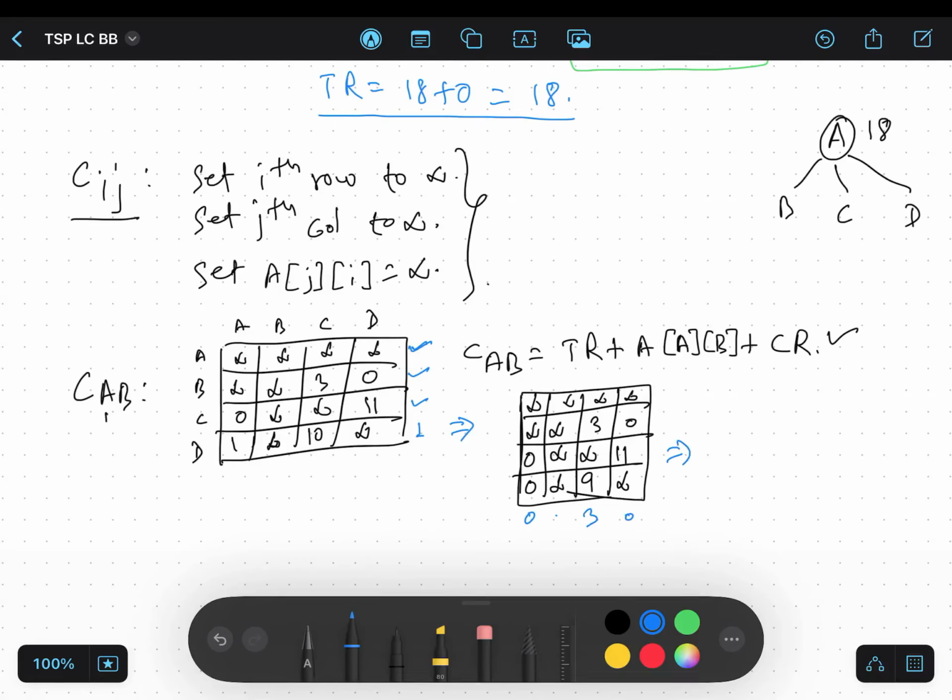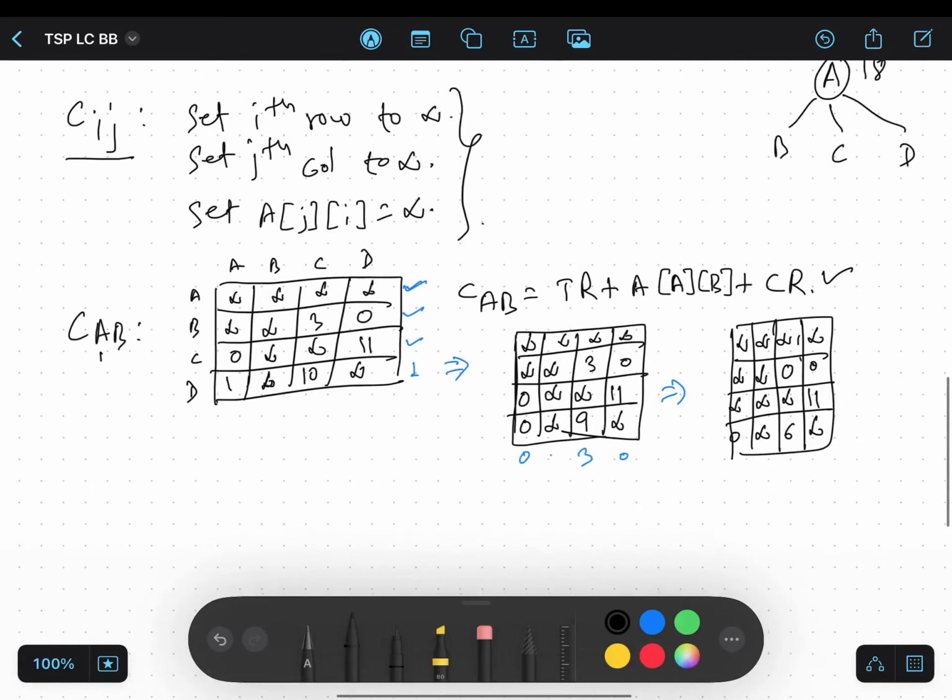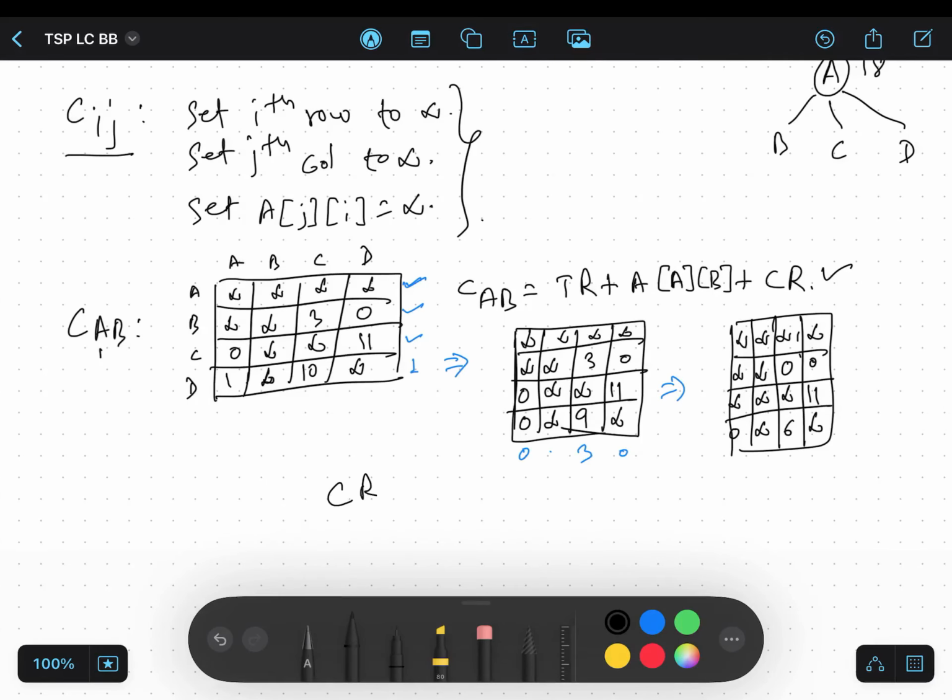So we reduce the columns and we get infinity, infinity, infinity, and here 3 minus 3 is 0, 6, 0, 11, infinity. So our current reduction is going to be 1 plus 3, which is 4.